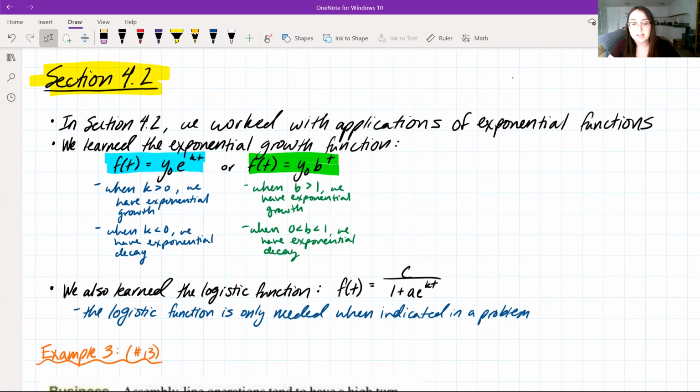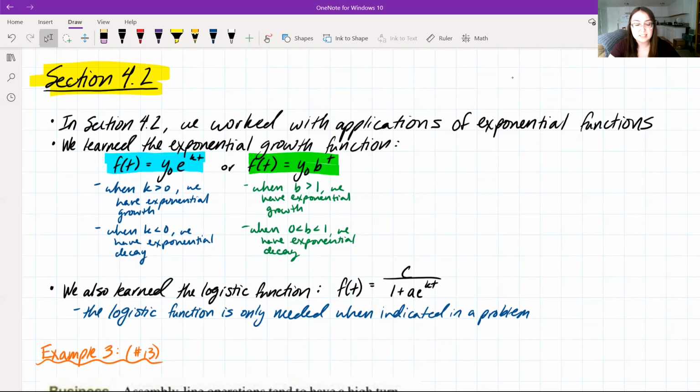Or we see it written as f of t is equal to y naught, or the initial value of y, times b, the base, to the power of t. With our first function here, the one that's highlighted in blue, we see f of t is equal to y naught times e to the power of k times t. When k is greater than 0, we have exponential growth. So when k is positive, we have exponential growth.